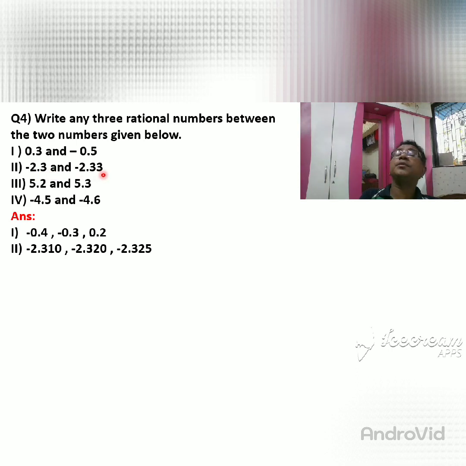So there are so many numbers between. We can start from -2.310, -2.320, 1 converted into 20. Then if the third digit is 5 or greater than 5, 6, 7, 8, 9, whatever you want, you can take it. After that you can take -2.325. If the third digit is 5, then we add 1 to the preceding number, 32 plus 1 is 33. So here we get that number.